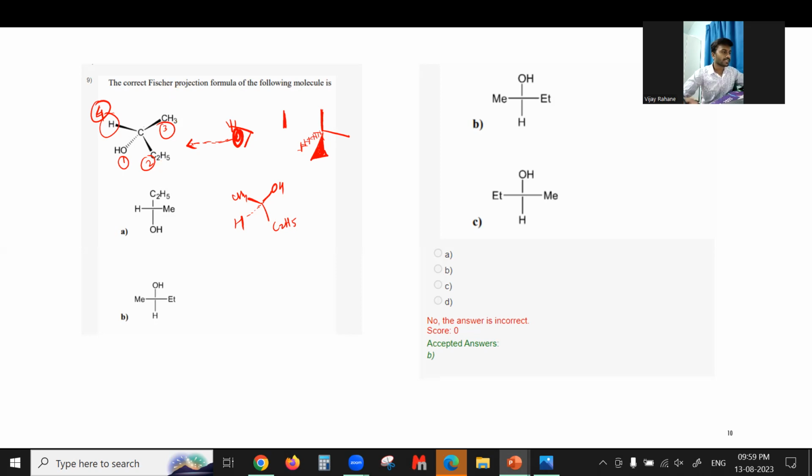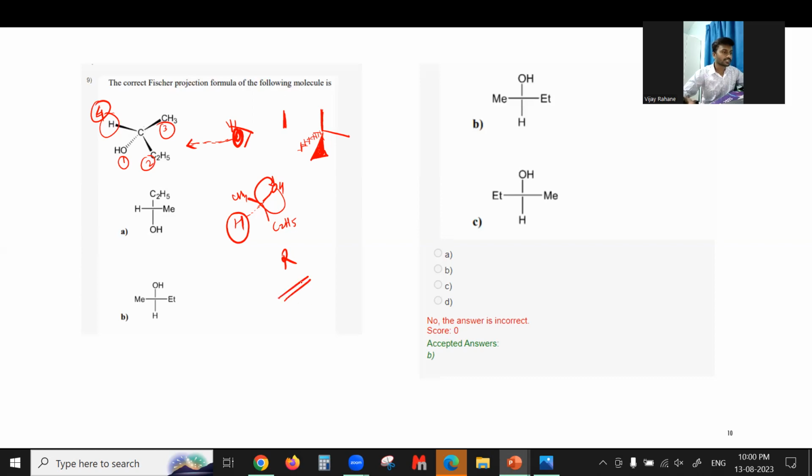So we can write it in this format, and you can see here it's the R configuration. Although in this structure the hydrogen is written on the top, if you look from the back side, it will be away from the viewer. So this has the R configuration.